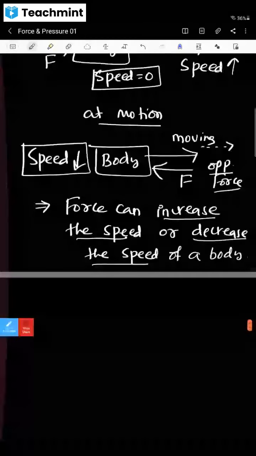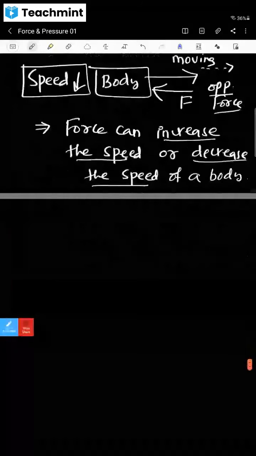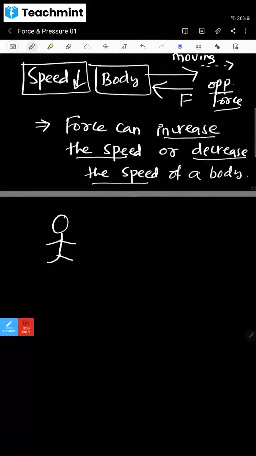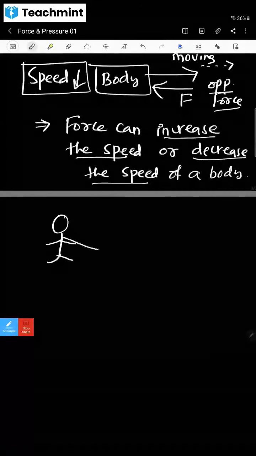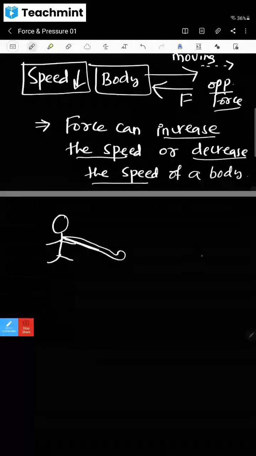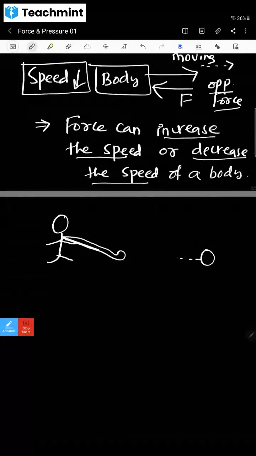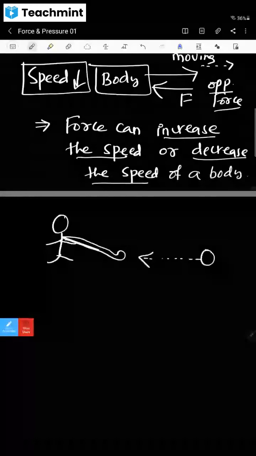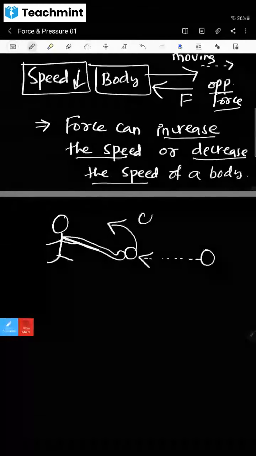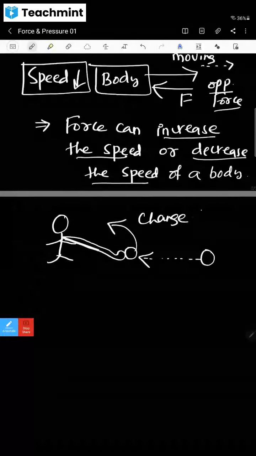And one more example I will give you. For example, there is a hockey player standing here with a hockey stick in his hand. There are so many examples given in your book. This is the hockey stick, like this. Now if a ball is coming towards him, don't you think he can change the direction of the ball as he wants?